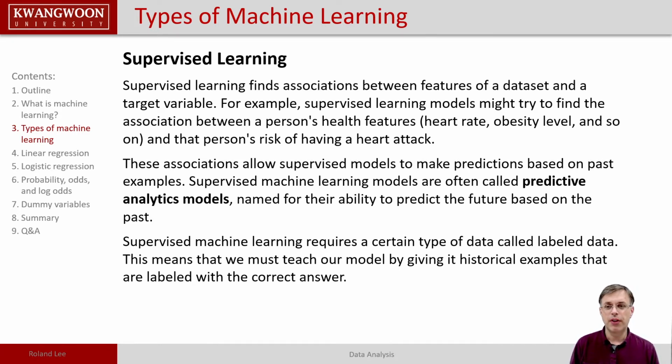Indeed, supervised learning models might try to find the association between a person's health features, such as heart rate and obesity level, and that person's risk of having a heart attack in the future. These associations allow supervised models to make predictions based on past examples.